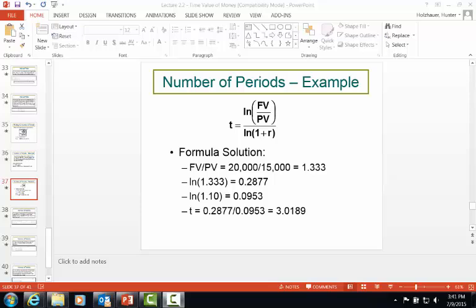You'd also use the LN button for the number in the denominator. In this case, that's 1.10. And once you have those two numbers, then you just take the ratio or divide the numerator by the denominator, and you're going to get that 3.02.